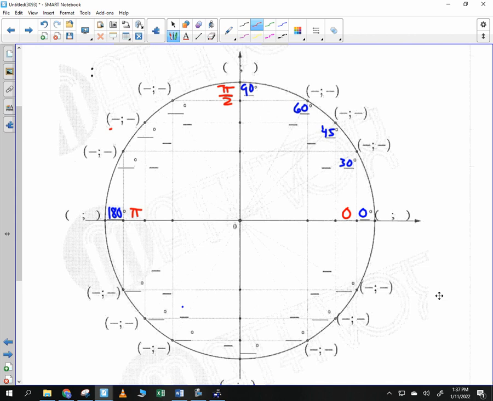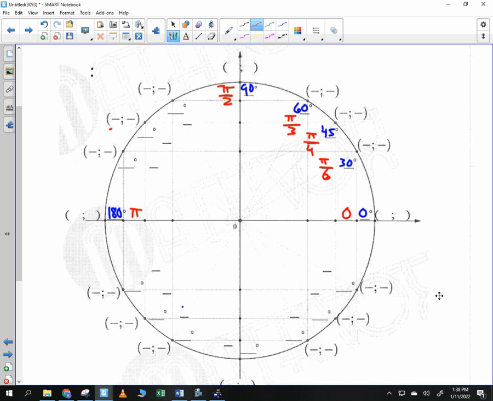How does 60 compare to 180? It's 1/3, so therefore 60 is going to be pi over 3. Look at how smart you are. 45, pi over 4, 30, pi over 6. Somebody asked what happened to pi over 5. Well, that would be 36 degrees, and 36 degrees is not an angle that we use, and I'll show you why.